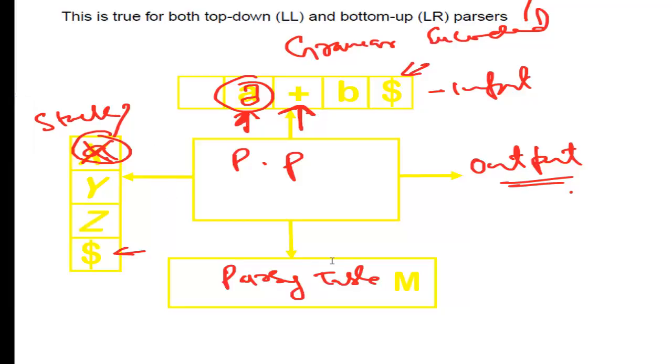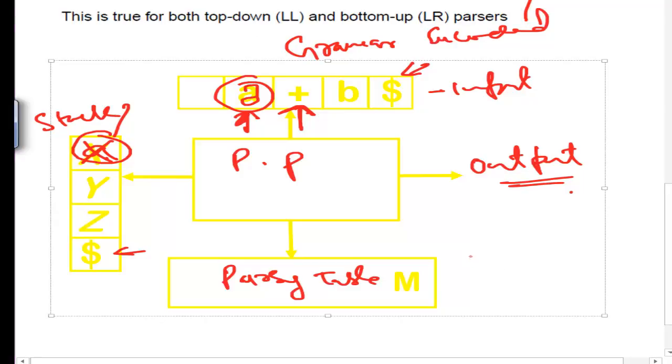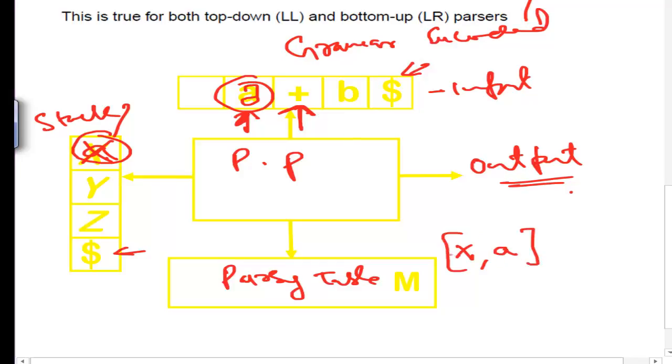Say for example in the parsing table we see that if we have an X on the stack and the input is A, for example, in this grammar rule M which we talked about, we say that in this case we will use a production X goes to, for example, A B C. Then what we will do is replace this X and put ABC on the stack in reverse order, so that A will be on the top.